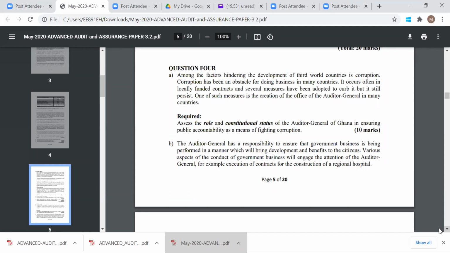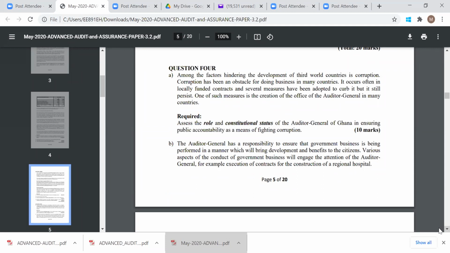The Auditor General does a lot of things. He audits the public accounts of Ghana, as well as any public agencies, like our brother said. So just think of him as an auditor and think of Ghana as the company. The Auditor General also has access to all the books, records, and documents that are relevant to those accounts.